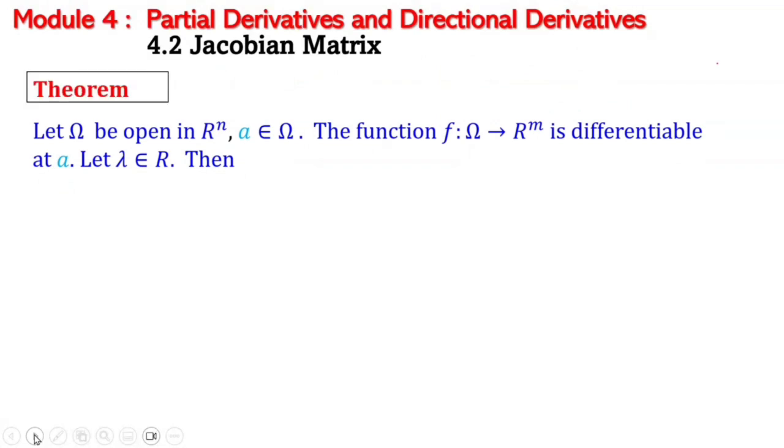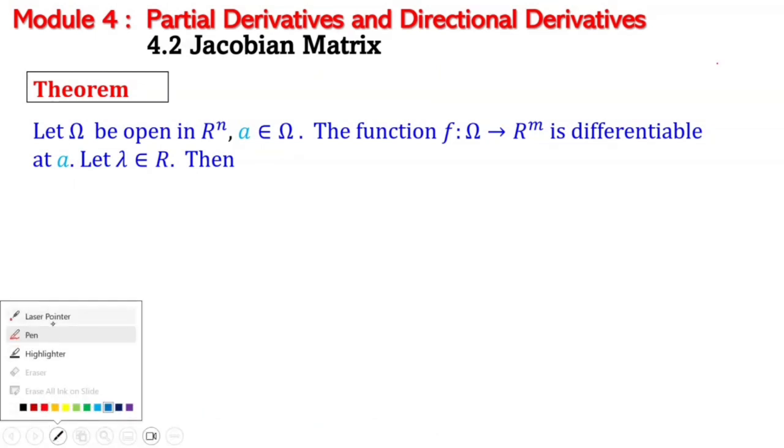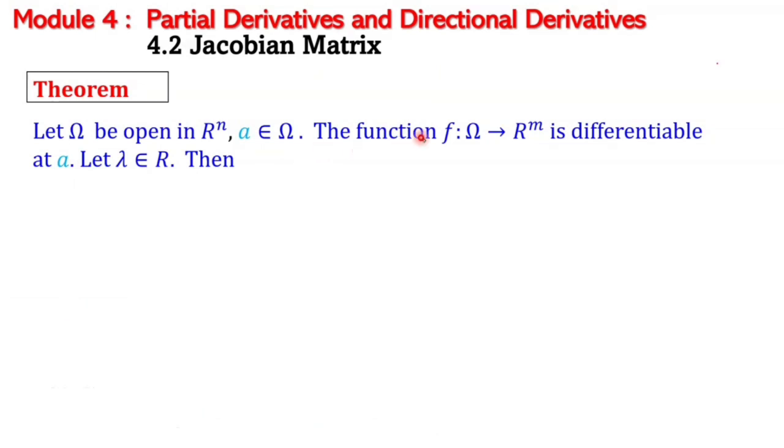So now we have a theorem here. This theorem says: let omega be open in Rn and A belongs to omega. Then the function f from omega to Rm is differentiable at A. This is given.